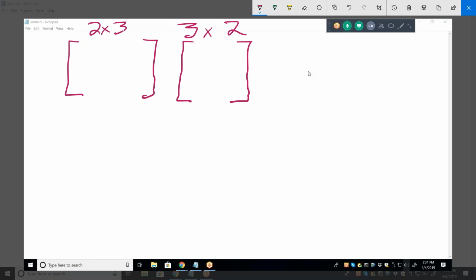All right. We'll make it a little skinnier. Okay, the first 2 by 3. And the reason I can multiply these together is the 3's match. That's right. What kind of output am I going to end up with? A 2 by 2. Hopefully, yeah.